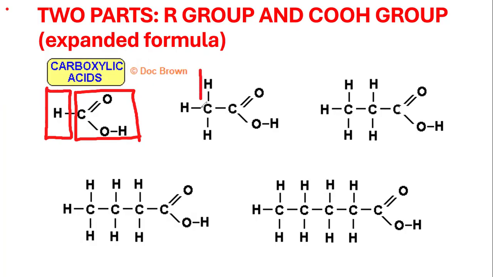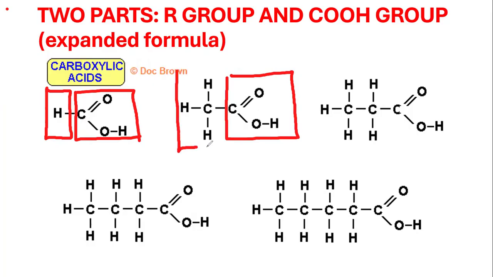Here, on this side, we have the carboxyl group, COOH. And here we have the R group. Notice that this changes, right? First it was just H here. Here we have CH3. So we see the R group does change, but the carboxyl group never changes.